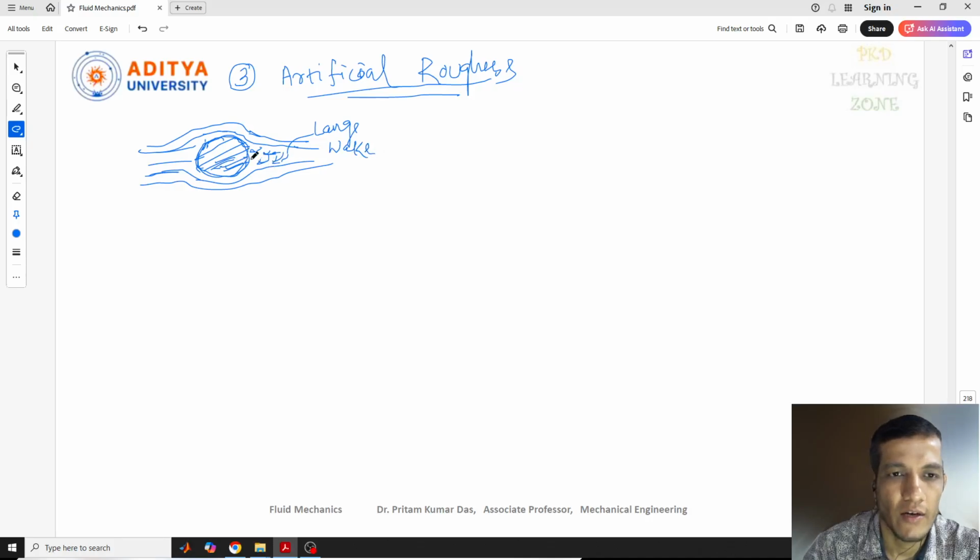So when you create some kind of roughness in this smooth ball, it will still be circular, but some kind of holes will be there, or you can say some roughness will be created. It should not be that smooth.